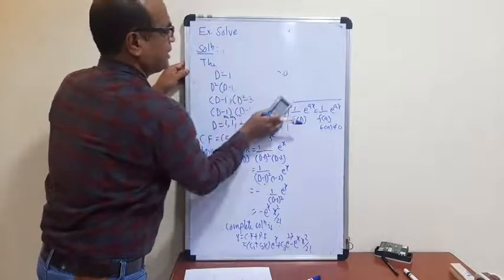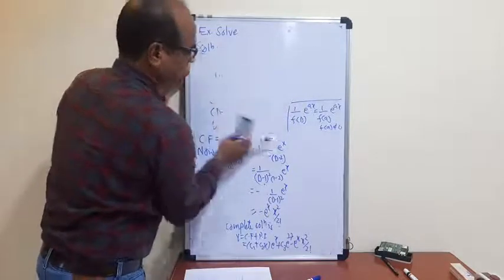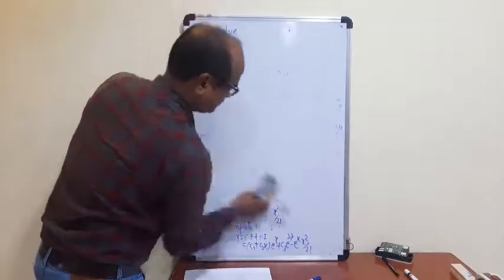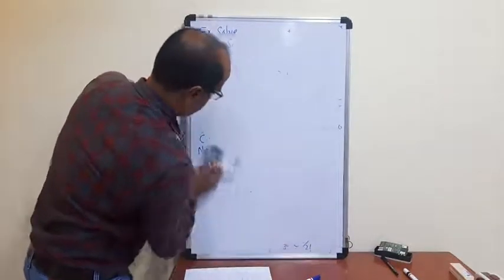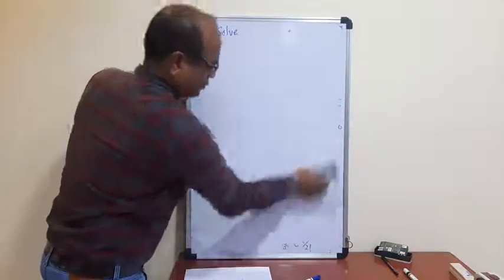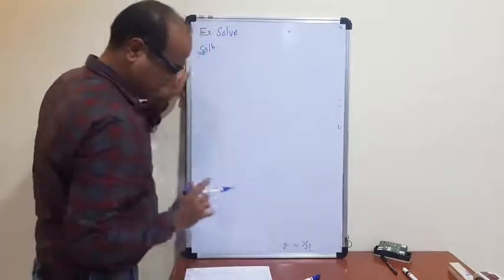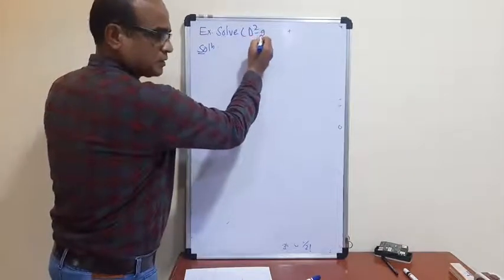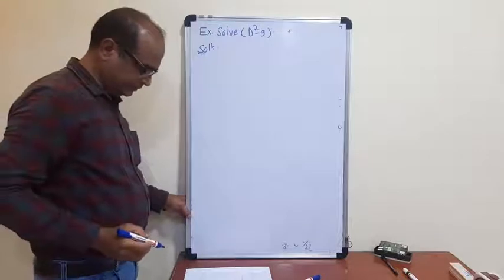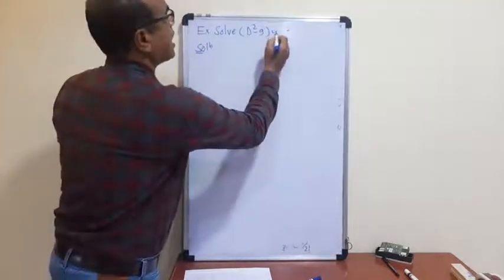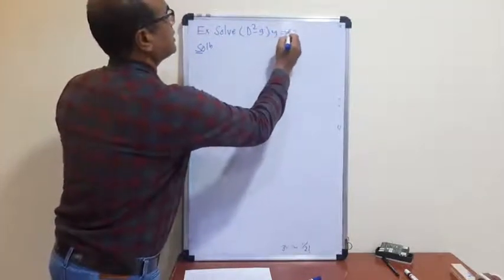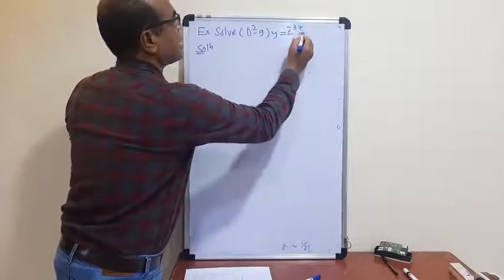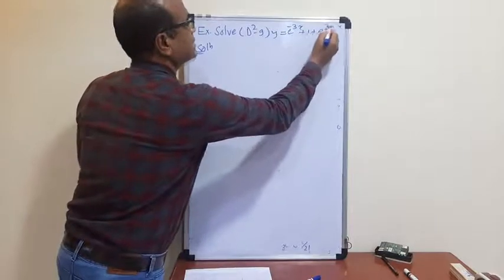What is the example here? Solve (D square minus 9) y equal to e raised to minus 3x plus 1 plus e raised to 3x.